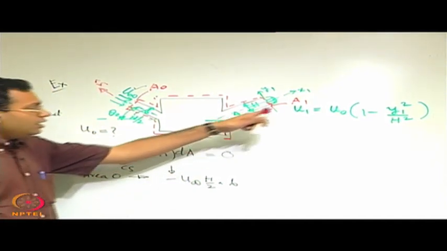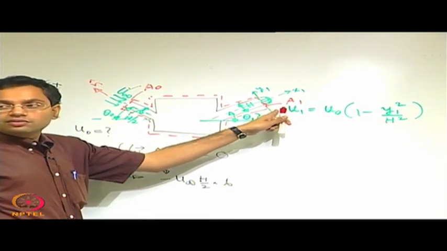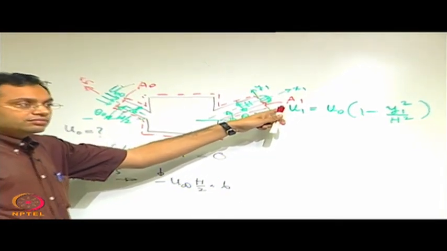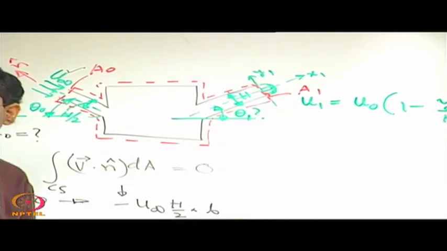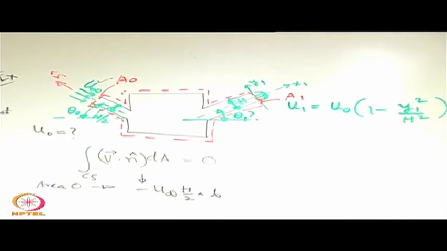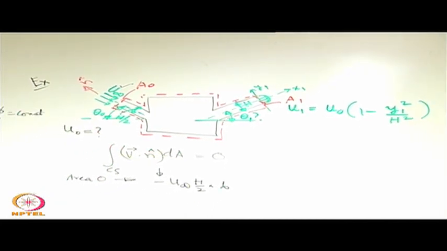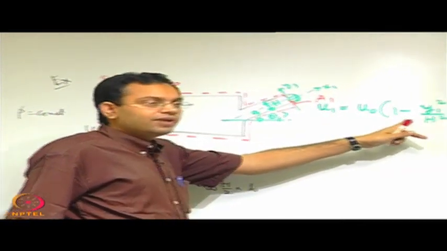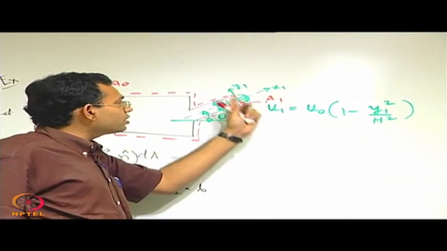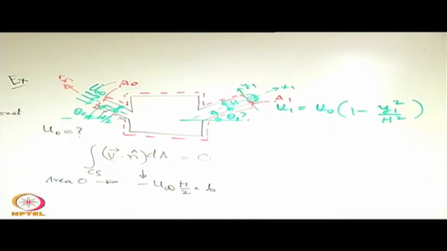Then for the other area A1 we cannot have the same consideration because the velocity varies over A1. To see how the velocity varies, along A1 we are already given, with respect to the local transverse coordinate, how it varies.